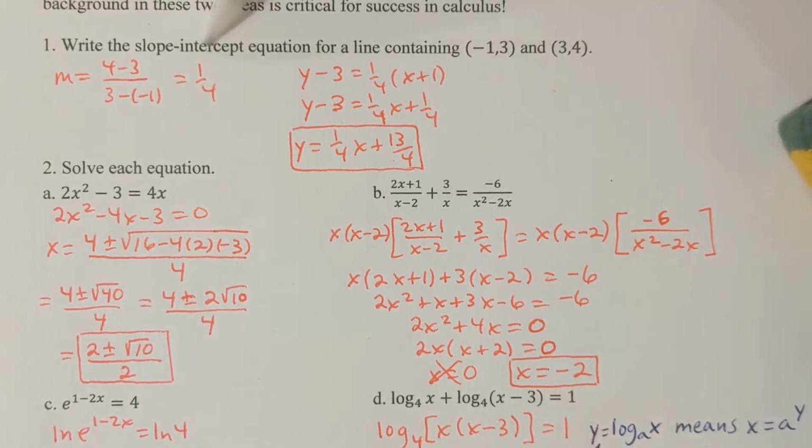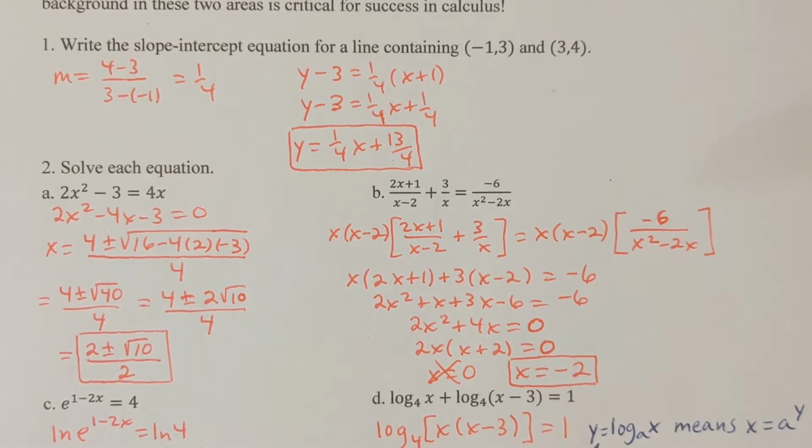Now we're looking for the slope-intercept equation, so we need to give our answer in the form y equals mx plus b. Well, let me distribute the 1/4 here into these two terms on the right, and then I'll add 3 to both sides. 3 is the same as 12 over 4. So 1/4 plus 12 over 4 would be 13 over 4 then.